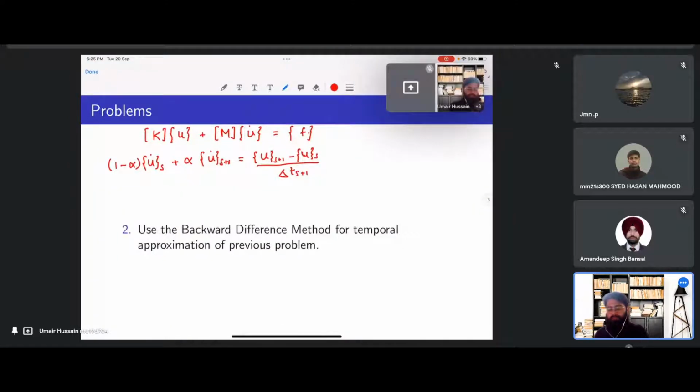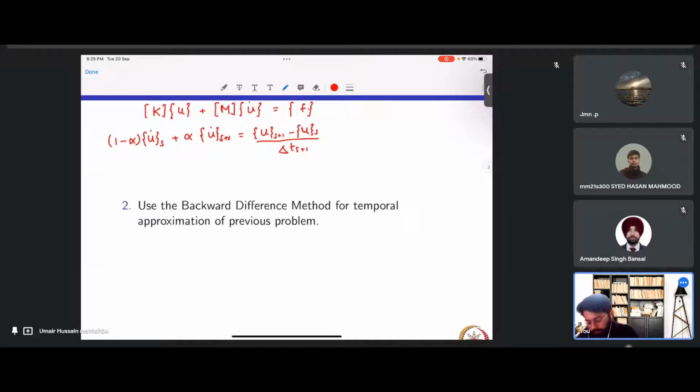Yeah, so we're here. There's one thing we can do. We can write k as it is. Whatever term we have that is dependent on time, we can approximate.